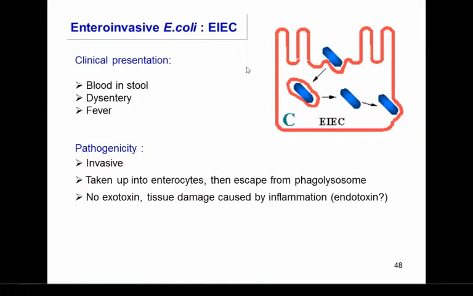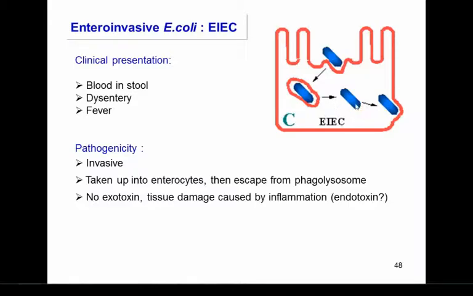First step is the bacteria adhere, then they're taken up into the epithelial cells, then they escape. So they persist inside the cytosol, and then they're transferred from cell to cell. So these bacteria don't secrete exotoxins.